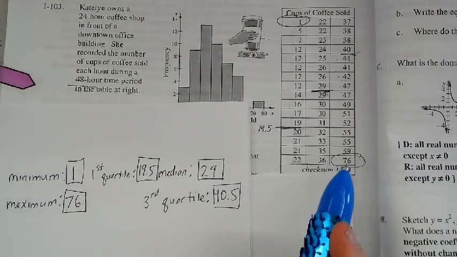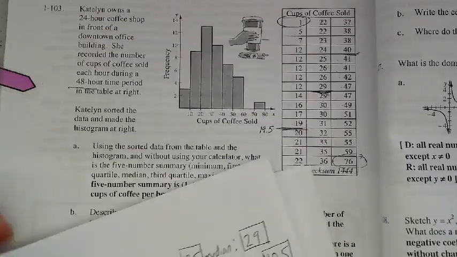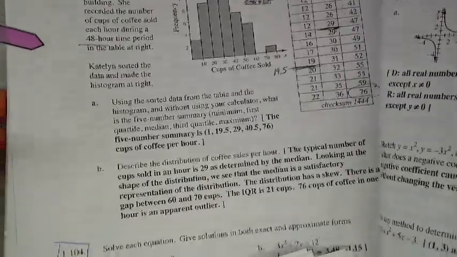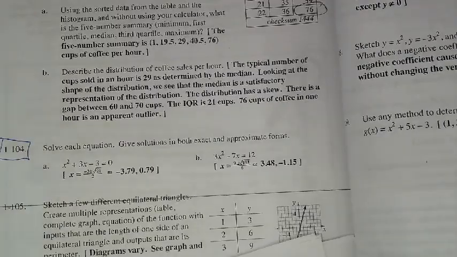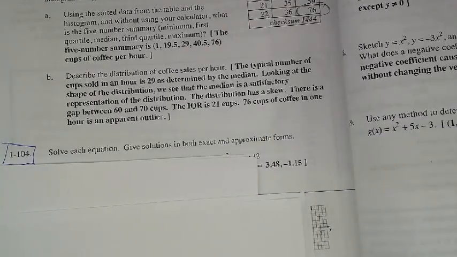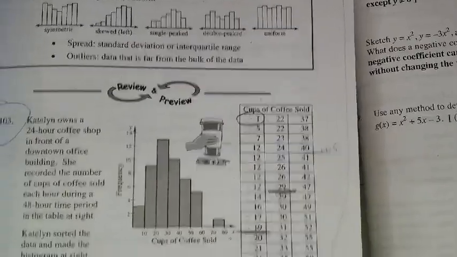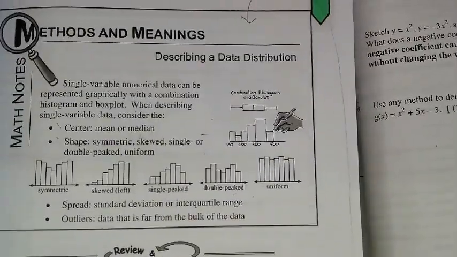And then letter B wants me to describe the distribution. So I know that I'm supposed to look at my math notes box whenever they ask me to. The math notes box in your book is right above the problem. So it's right here.